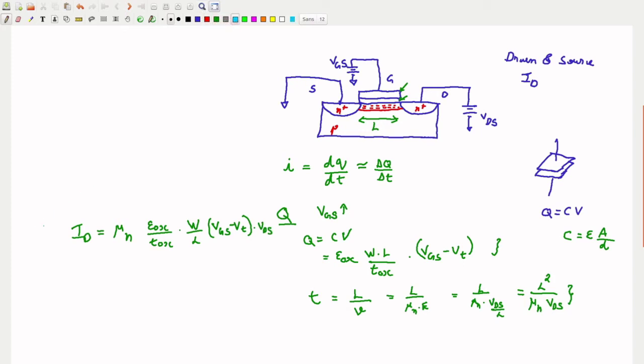This is the expression for the drain current, when we are considering the drain to source voltage VDS very small.